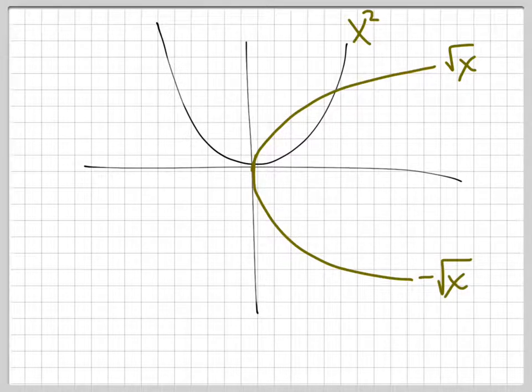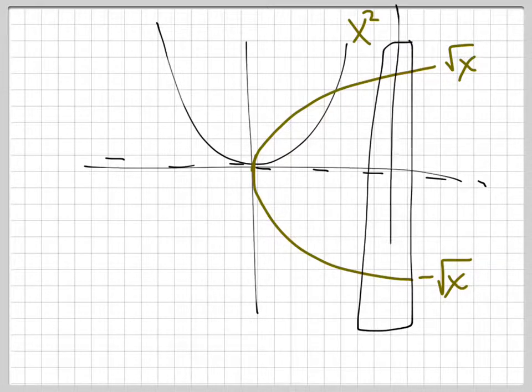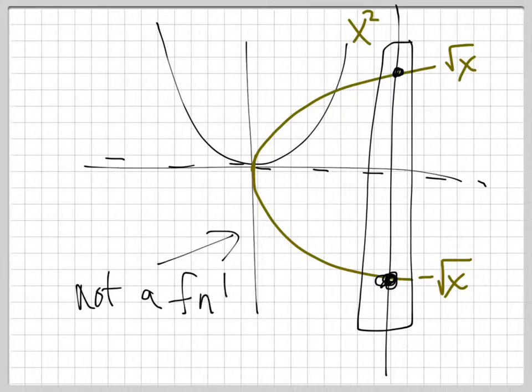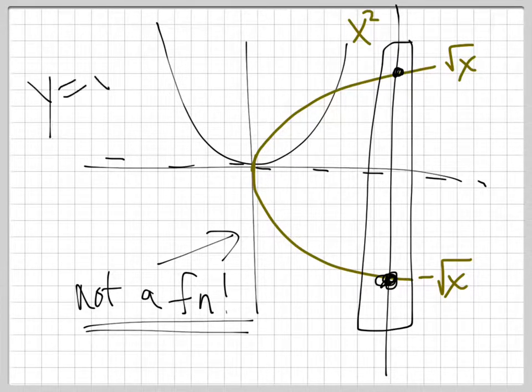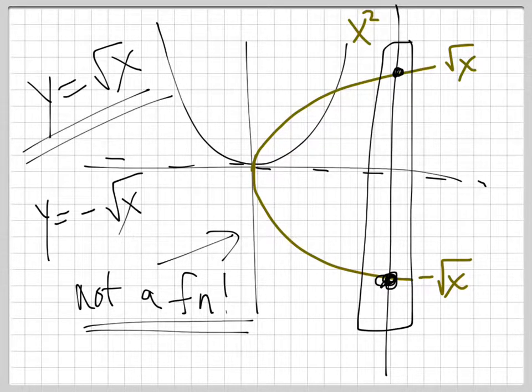They're sort of divided across the x-axis. And this isn't a function. If you were to draw a vertical line, it would hit twice, and that's not a function. And so you have to choose. You either choose y equals radical x as the inverse, or y equals negative radical x as the inverse. And we made the choice for y equals radical x.